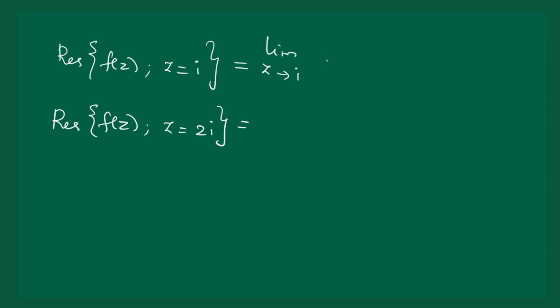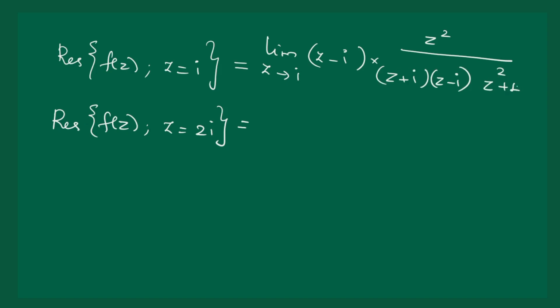So we can use the formula: z minus I into the given function. The given function f of z is z square by z plus I into z minus I, and here z square plus 4. We need not factorize this because anyway we are going to cancel only these two terms. Now directly substitute z equal to I and we will get the answer. Before that we can find the residue of the other also.